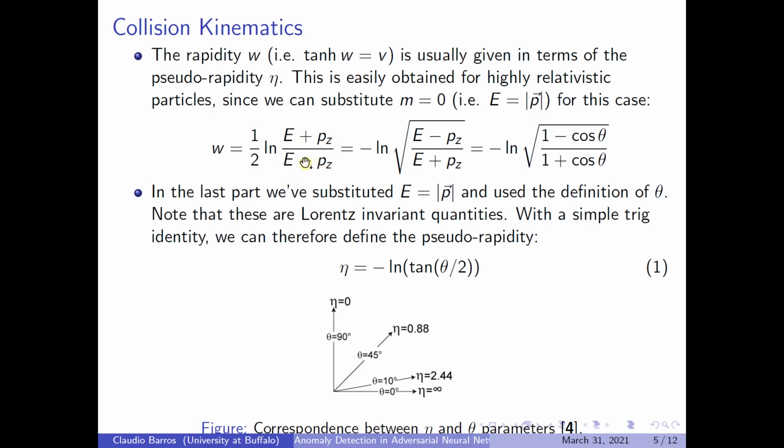So just doing a little manipulation of logarithms and signs here, we arrive at the next expression, which we can put in terms of the variable theta, and using a simple definition of theta, we arrive at the definition that eta is equal to negative logarithm of tangent of theta over 2. So here we see a simple correspondence between the eta parameter and theta. We see that when eta is equal to 0, theta is 90 degrees, and as eta goes to infinity, theta is equal to 0.